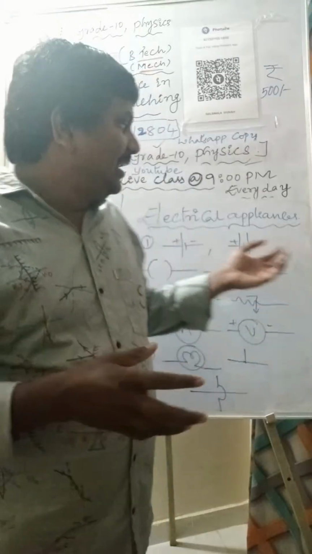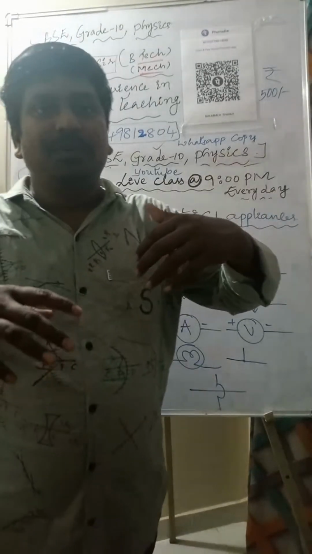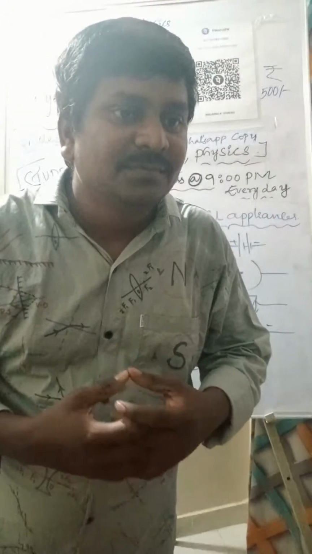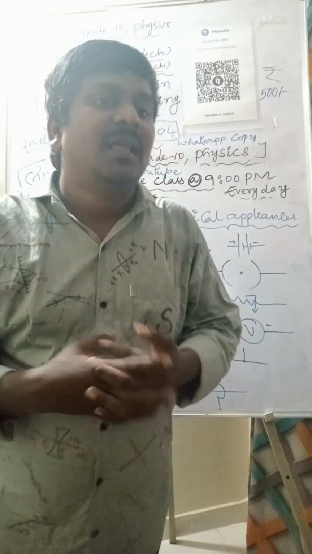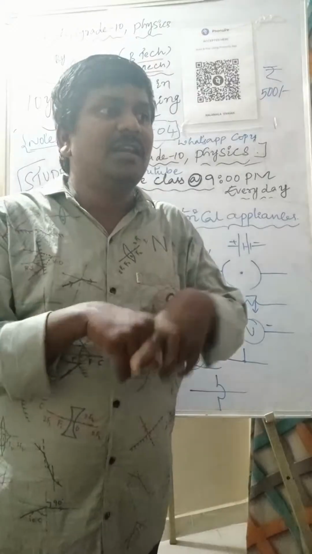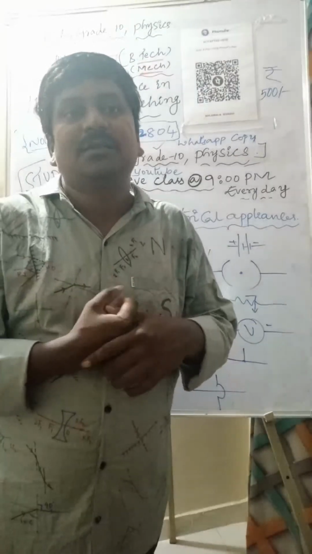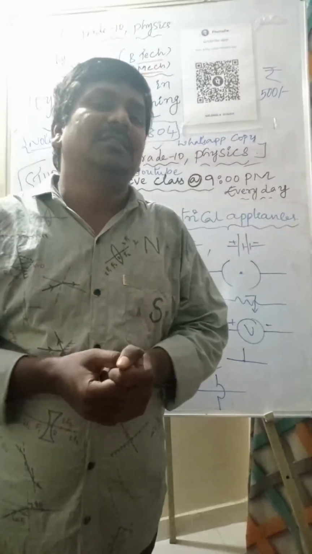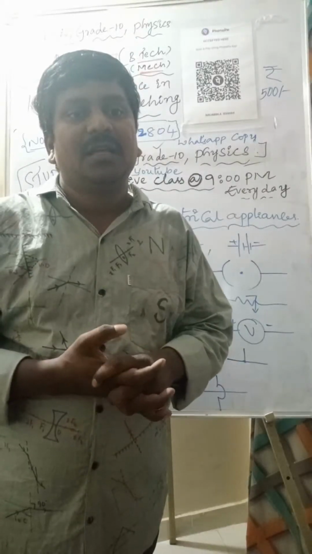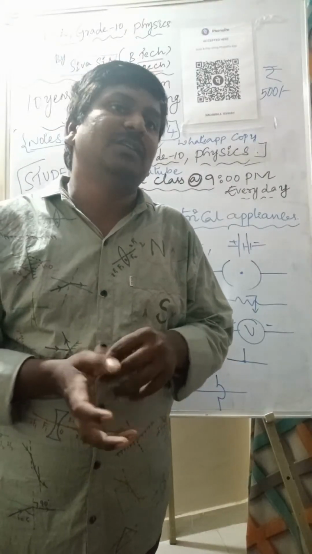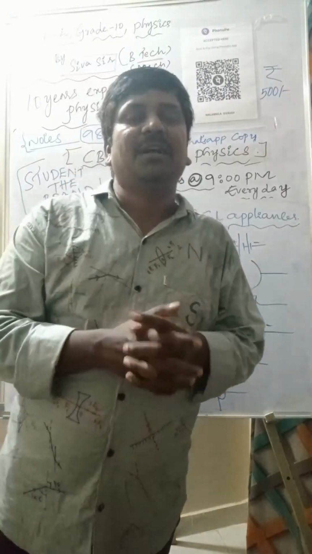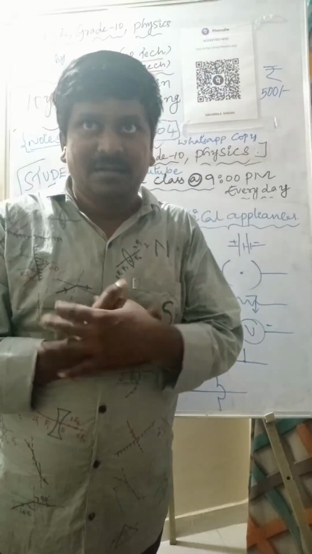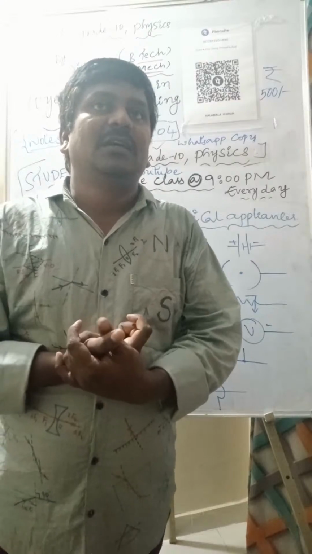Generally, in the chapter we prepare so much theory and problems. From the total, it may be 6 marks for electricity, 6 marks for magnetic effects of electric current, like that it will come. MCQs will also come, 5 marks of MCQs only. And assertion reasoning, straight objective type questions, like that.